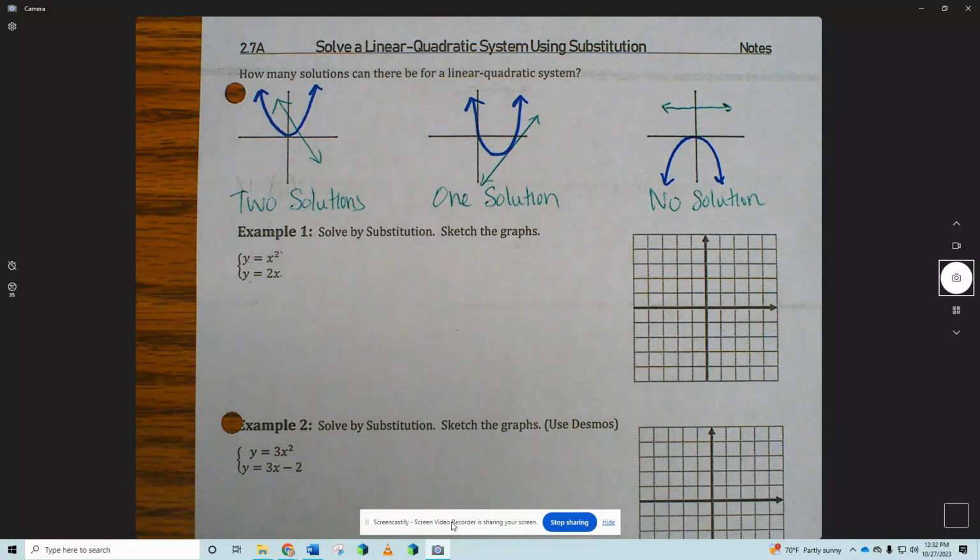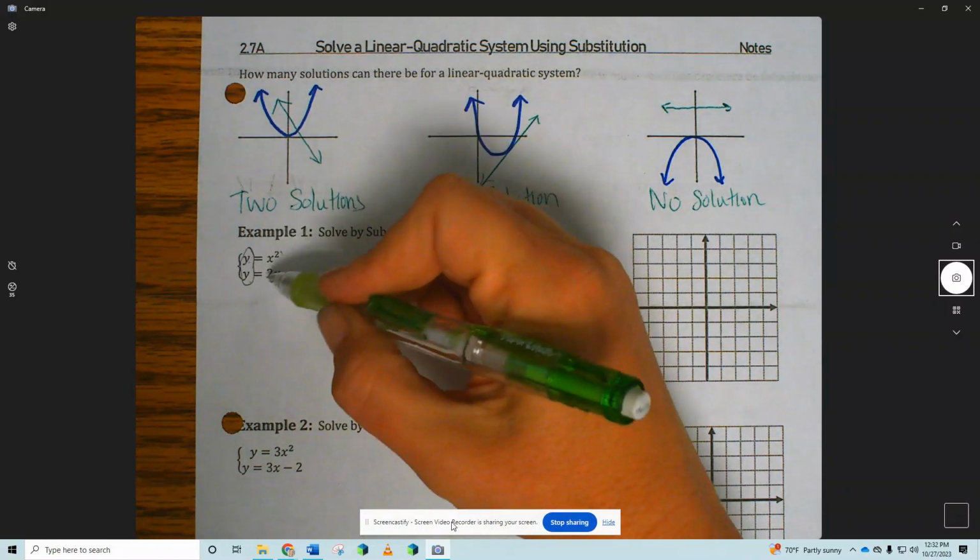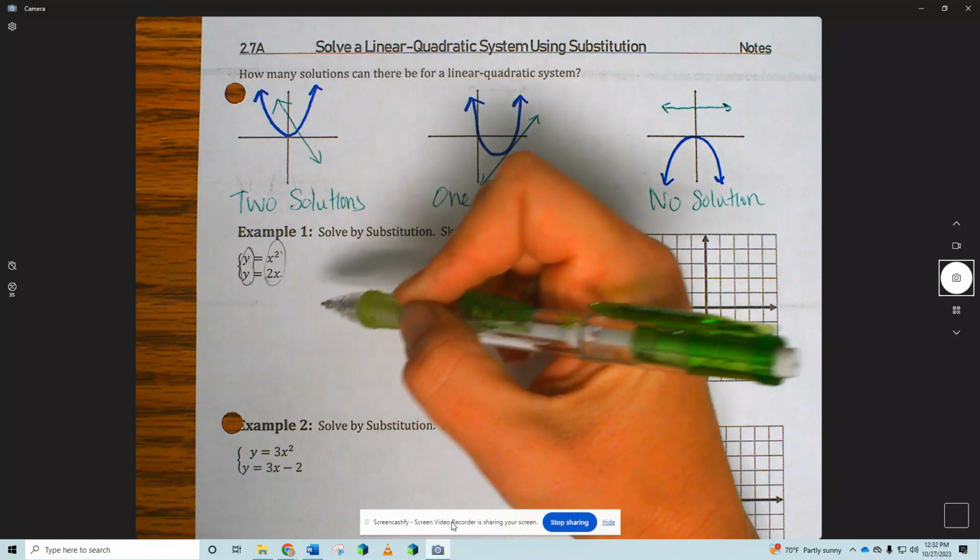I'm going to replace something with something, but they're both y equals. You saying something? Say it louder. Okay. If these y's are the same, what do I know about these? They could be the same.